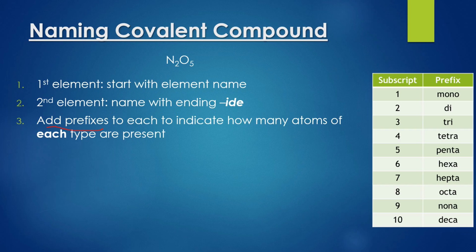You look at the subscript that comes directly after the element symbol to figure out what the prefix should be. So it goes from mono all the way to deca. We probably won't see more than deca in this course, but you have those off to the side to refer to. This is not given to you on the tests, so you will need to memorize it. 5 is penta, 6 is hexa, and so on and so forth.